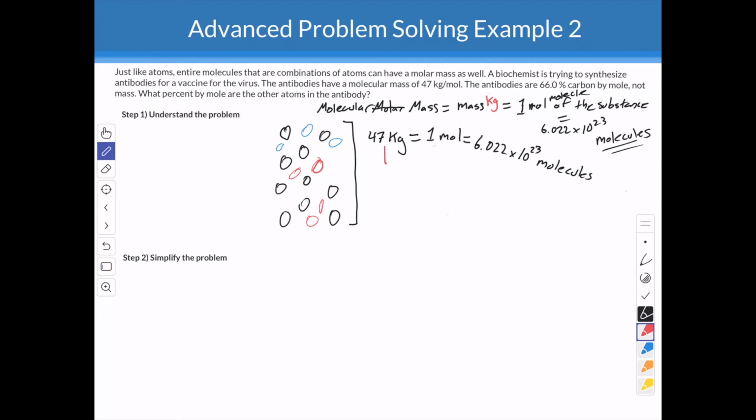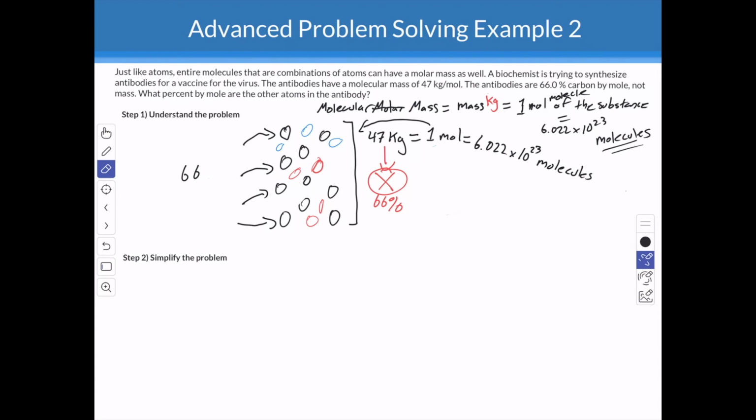We should go down here and say, not 66% of the kilograms, big X, but in 1 mole, if this represents 1 mole, then it's 66% of the mole. Okay. Sig figs always matter.